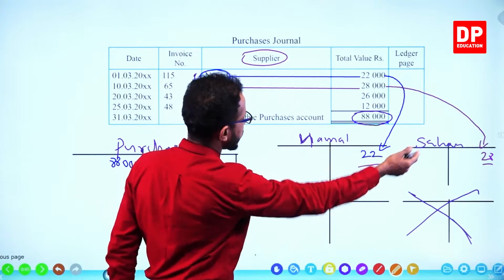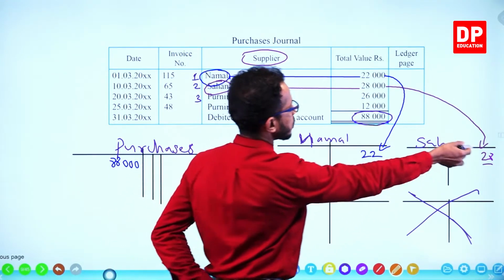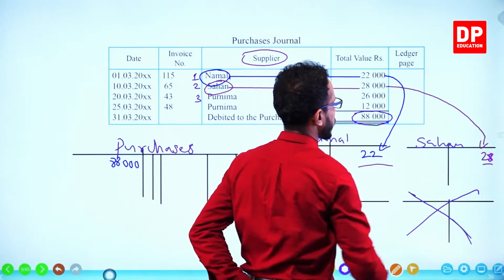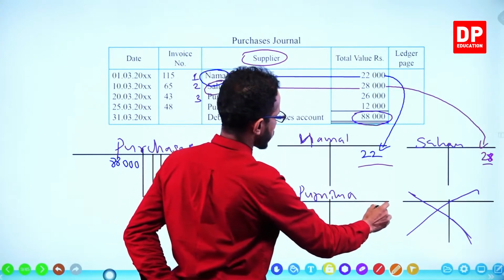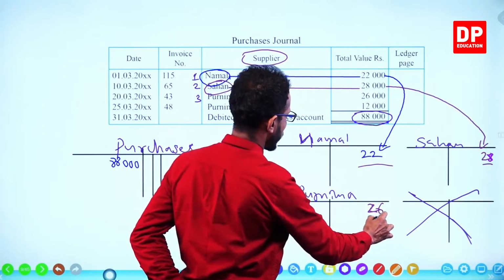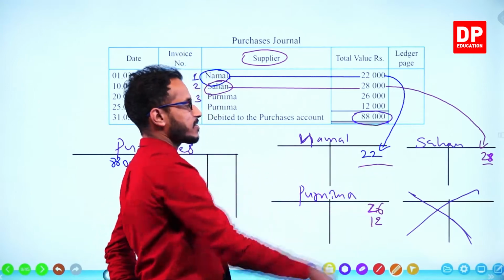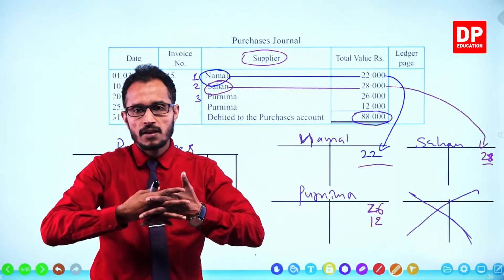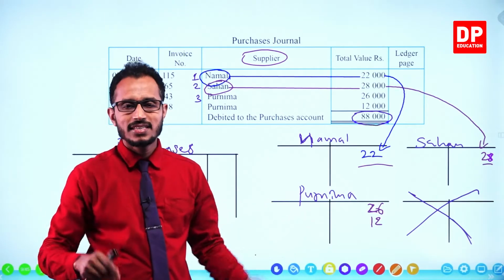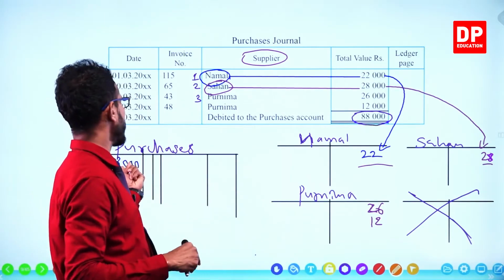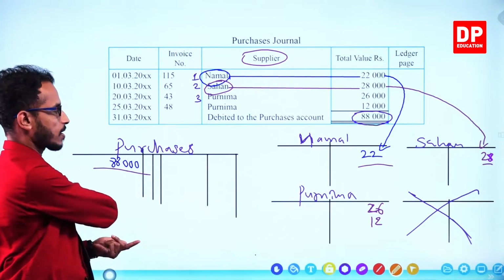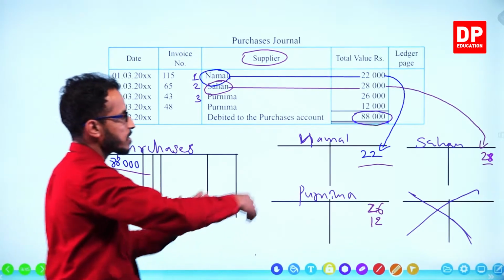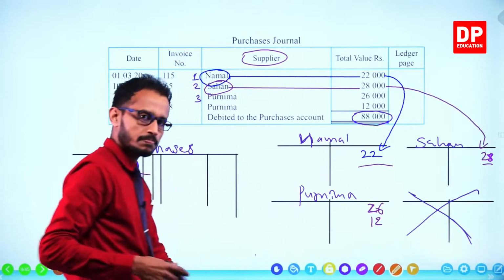The total of credit entries: 22 plus 28, and Purnima 26 and 12. These credit entries add up and make the 88,000 which is debited here. So debit 88,000 and credit 88,000.